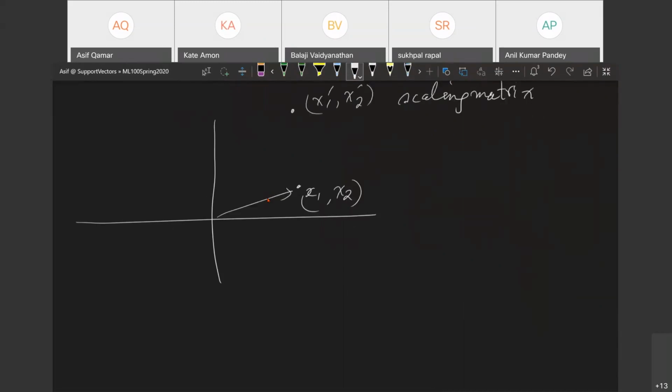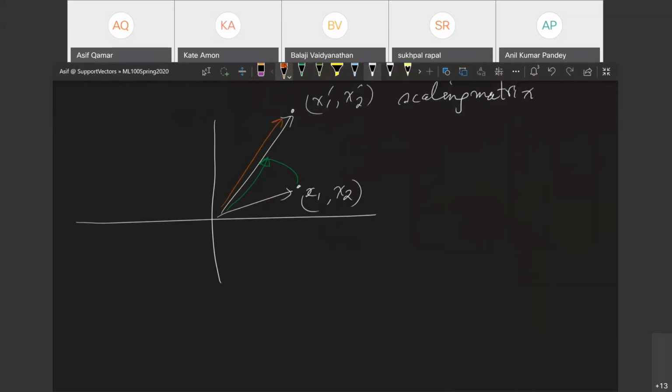This point, this point. Now what I can do is I can think of it first as a rotation to this point, right? And then as a scaling operation of this green vector to this vector, right?